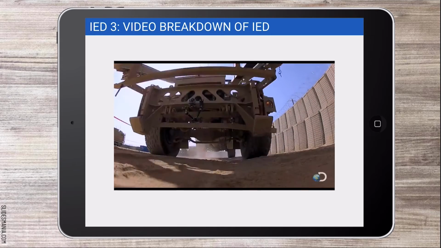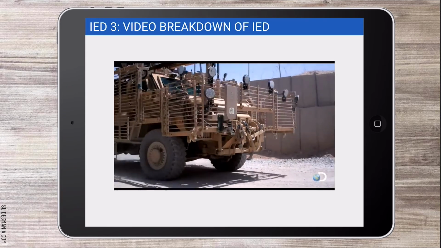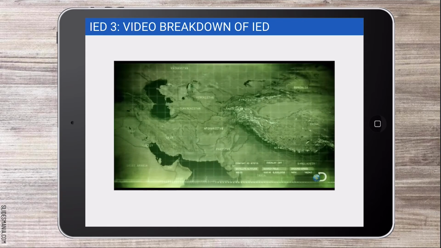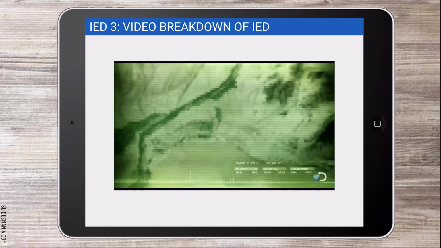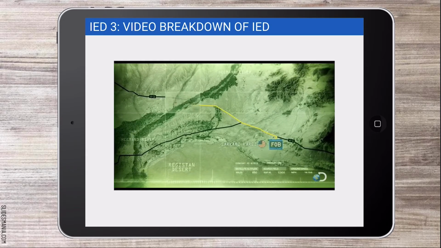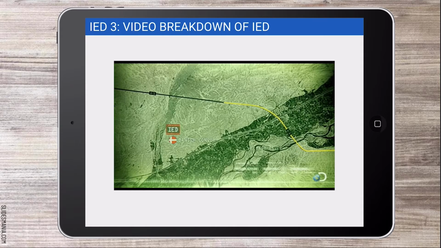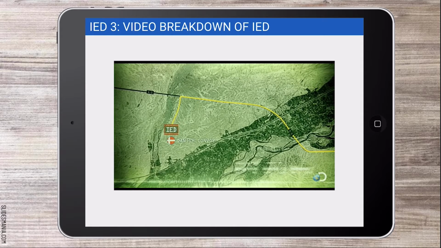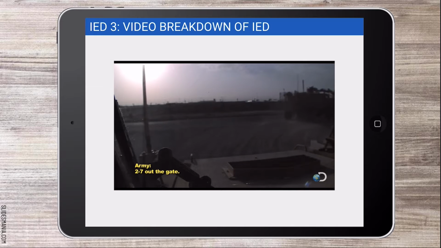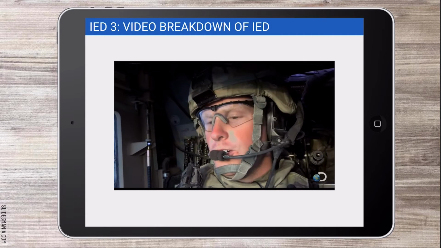Locked and loaded. Second platoon rolls out. They're traveling 30 miles west on the paved A1 highway before they turn off onto a dirt supply route that's littered with buried bombs. That's what I like to hear.